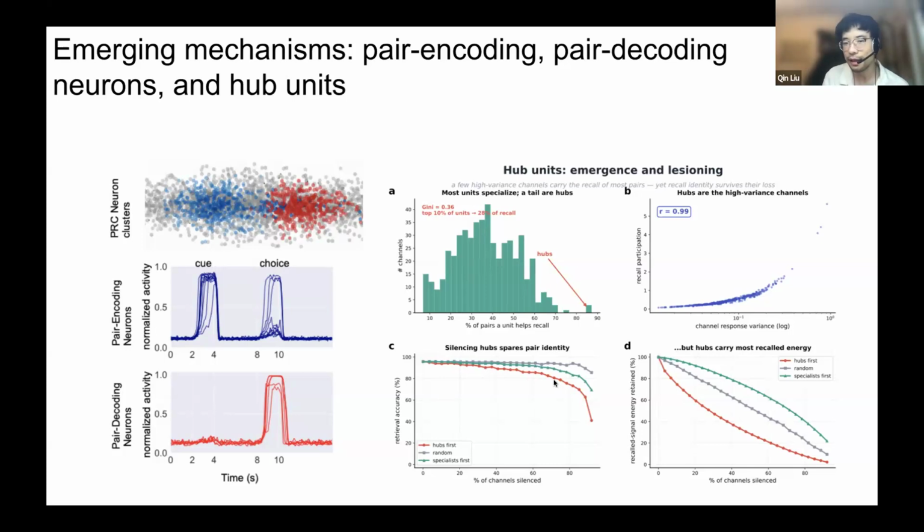This suggests that the memory circuitry is very robust and resilient. By simply cutting out those hub units, it didn't impair memory that much. And this is the main conclusion that emerged out of the simulation of long-term memory.